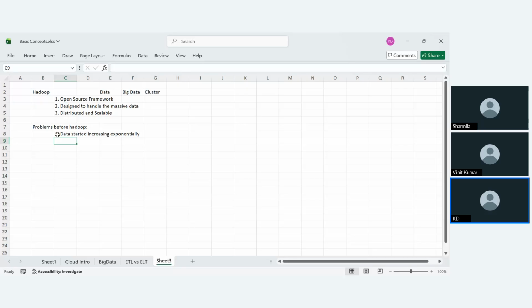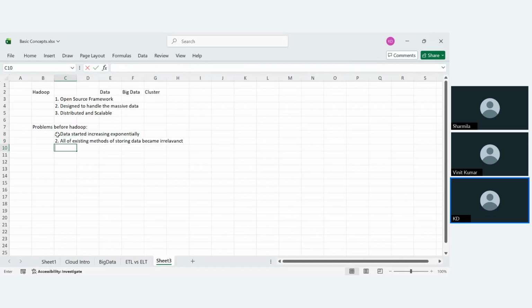Because of that, data started increasing exponentially, and the legacy systems were not able to handle that data massively. When data started increasing exponentially, all the existing methods of storing data became irrelevant.